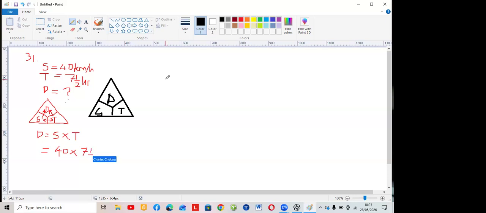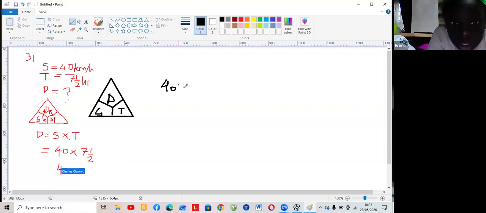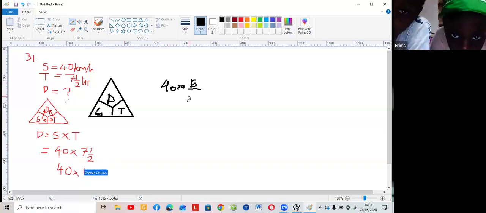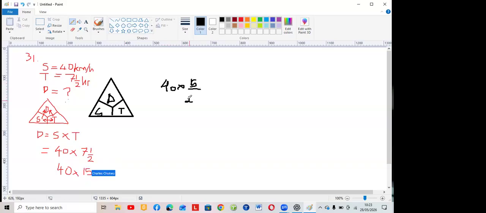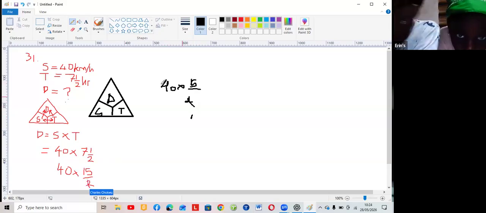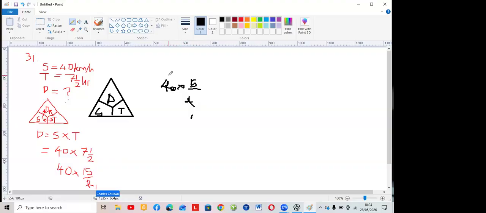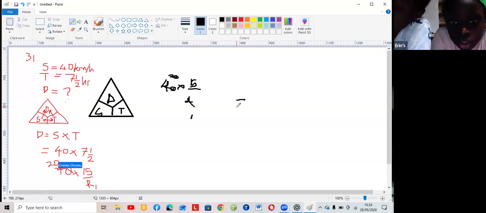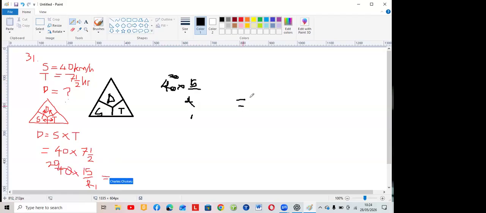What are we going to cancel there? 2 into itself is 1, and 2 into 40 is 20. Okay, so 20 times 15 is 300. It's equal to 300 kilometers.